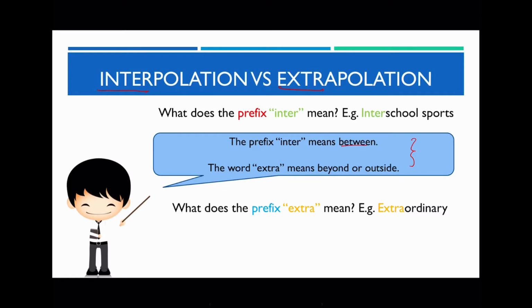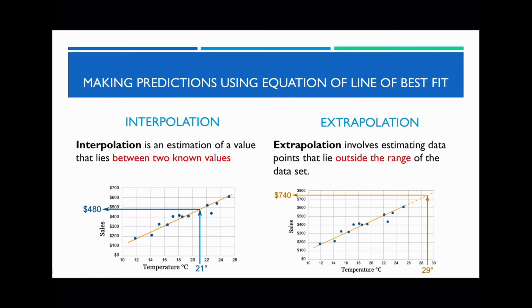Now let's look at the formal definitions of these words to see whether our predictions are accurate. Over here I've got the definitions of the two words. Interpolation is the estimation of a value that lies between two known values, in this case the largest value and the lowest value.